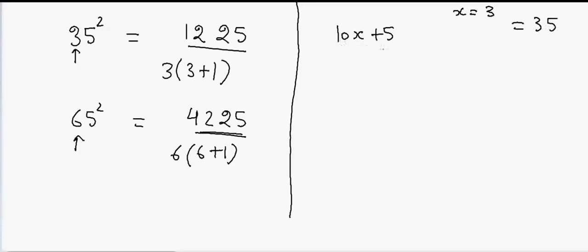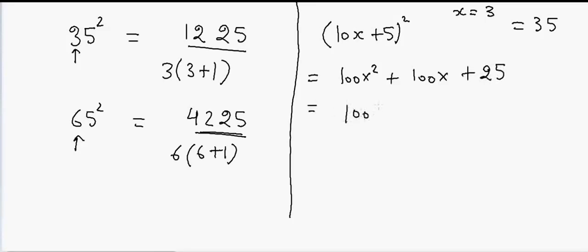So suppose if we have 10x plus 5 and we want to do a square of it, that will be equal to 100 x square plus 100x plus 25. So if we solve this, that will be equal to 100 into x into x plus 1, plus 25.